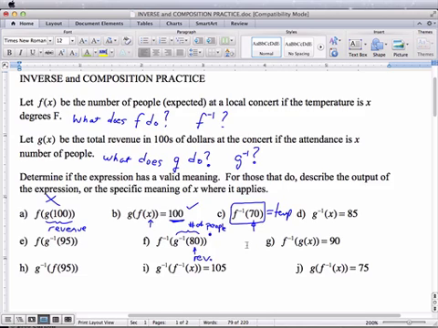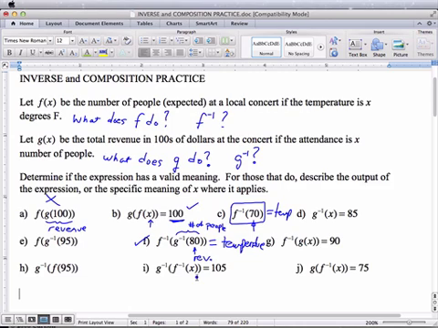Then the output of F inverse would be the input of F, which would be temperature. It works. So this whole thing is the temperature related to what? A revenue of 8,000, yeah. So this works. F is good.